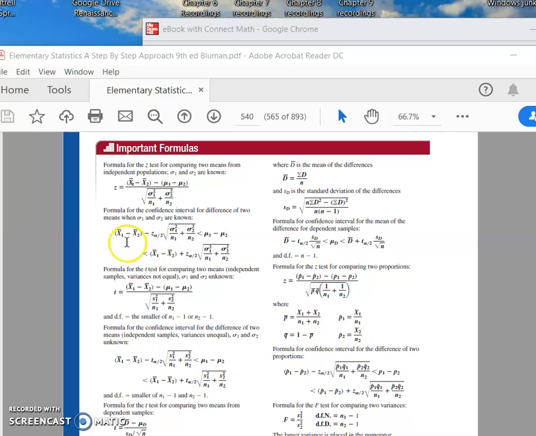In addition, as the author pointed out, we are considering the delta. I mentioned that last time. Delta means the difference. So the delta of x bar 1 take away x bar 2 can be considered as a random variable. Okay, it has its own distribution.